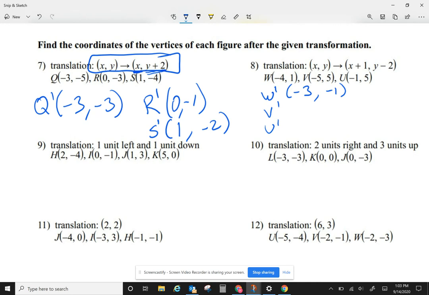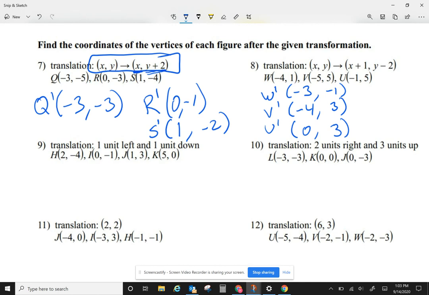On the y, I subtracted 2. For v prime, my coordinates will be -4, 3. For u prime, my coordinates will be 0, 3. On the x value, I added 1. On the y value, I subtracted 2.